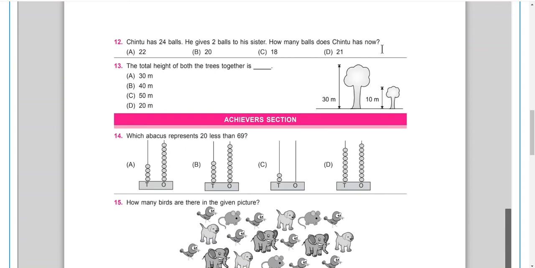24 he has. He gave 2 to his sister. How many more are left? So what we need to do here?